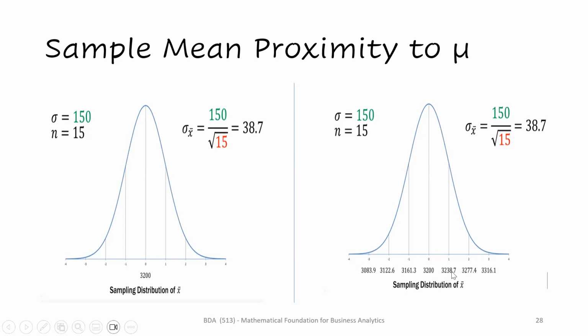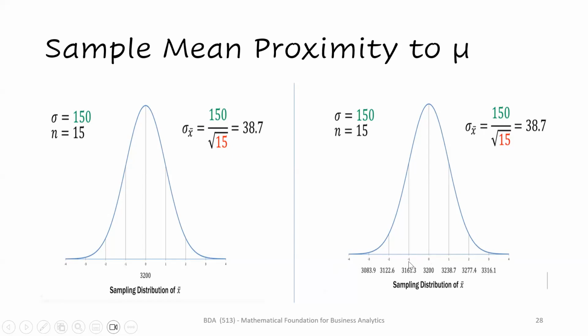So when we move further right, it increases by another 38.7, and then further right, another 38.7. So 3 standard deviations to the right now becomes 3,316.13.